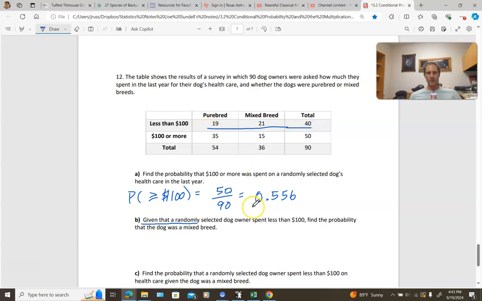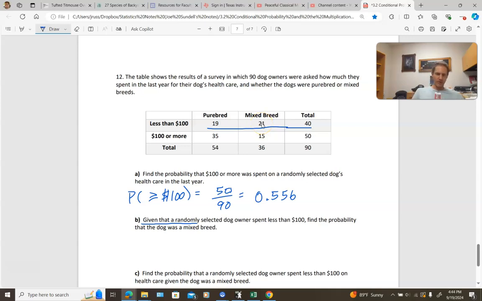Okay. So now what are we trying to find? Of these that spent less than $100, what's the probability that the dog was a mixed breed? Well, there's a total of 40, and 21 of those are mixed breeds.